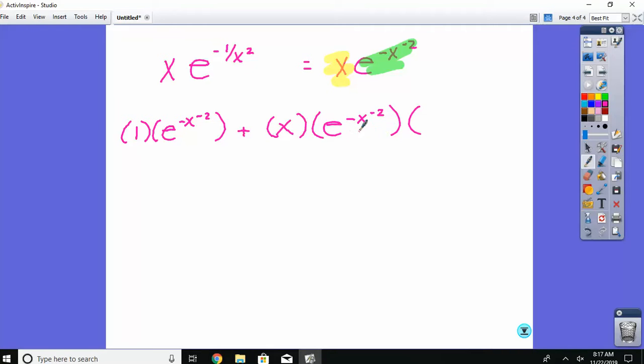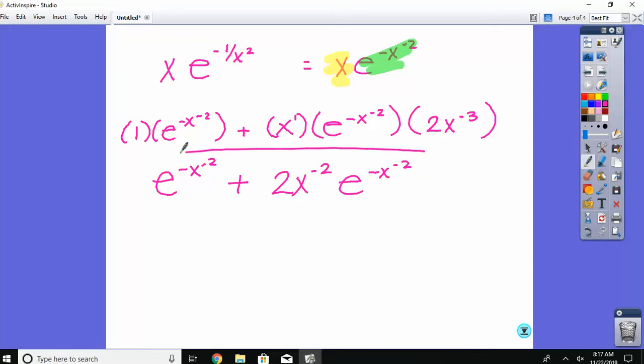But since the power wasn't just a plain x, you have to do a chain rule, so derivative of the exponent. So the negative 2 comes down, so give me a positive 2, x to the negative 3. When I multiply those together, you would add your exponents, so you would get 2x to the negative 2. And we'll get that for our final answer.